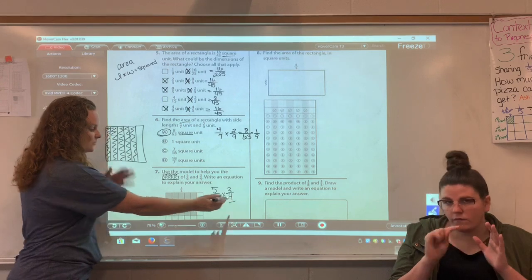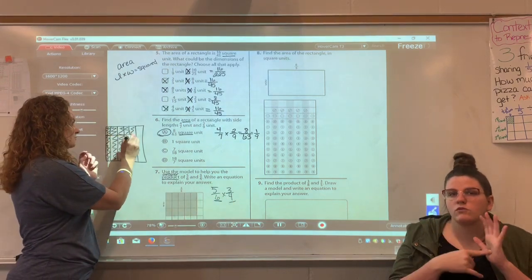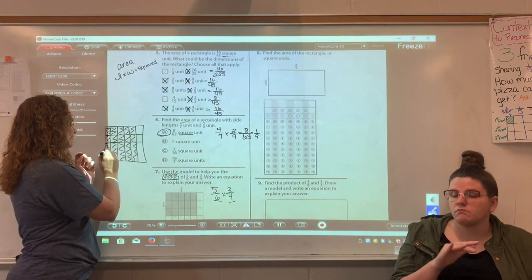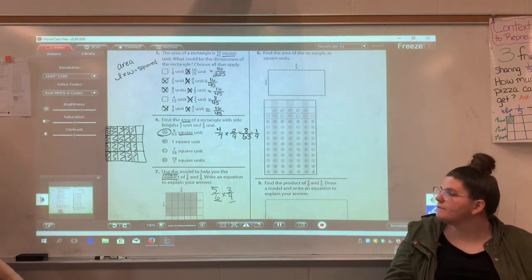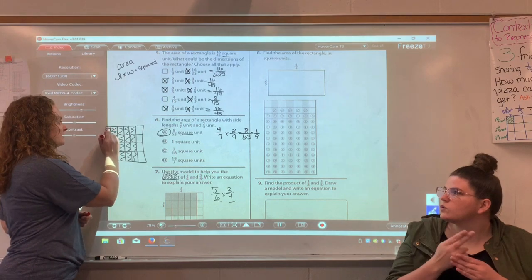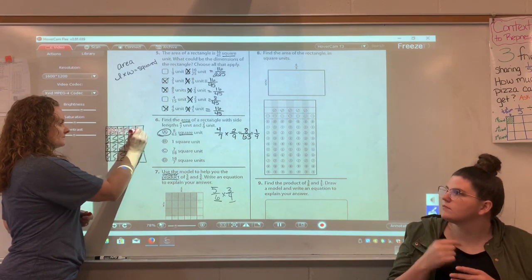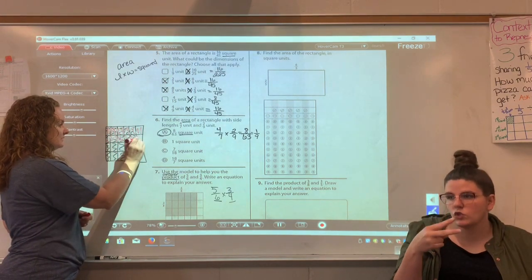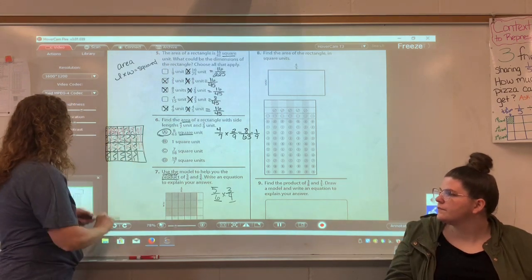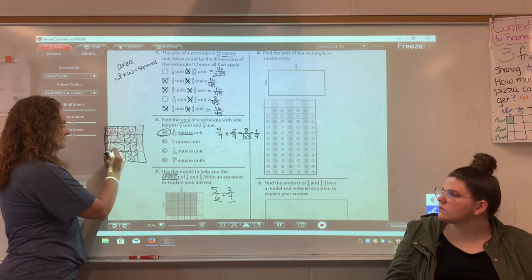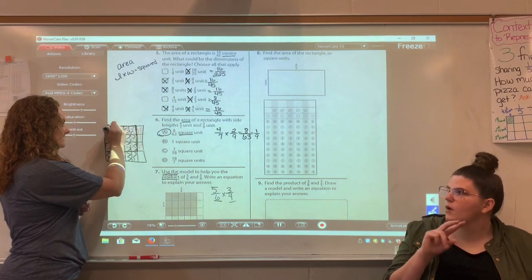Now to represent this one, I have to divide it out by 4s. 1, 2, 3, 4. And let me see if I can use this red one here. I'm going to shade in 3 of those. 1, 2, 3.